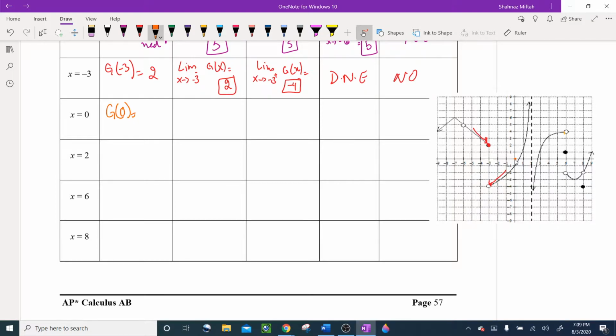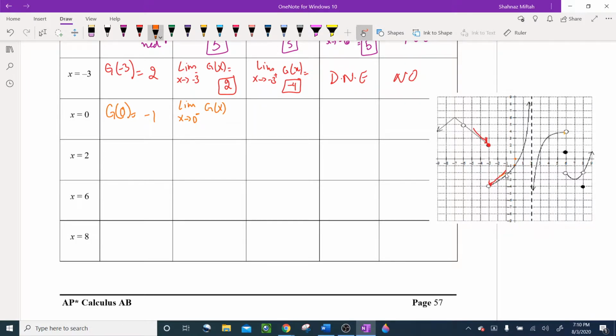When x is 0, what is the y value? I'm not going to look up here because I don't have a graph there. I'm going to look down here, and this is negative 1. When x is 0, my y value is negative 1. So it's defined. Let's try the limit as x approaches 0 from the left of g of x. This is my 0, and I'm going from the left. The left graph is that one, right?